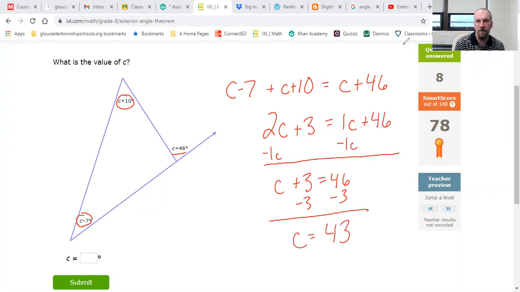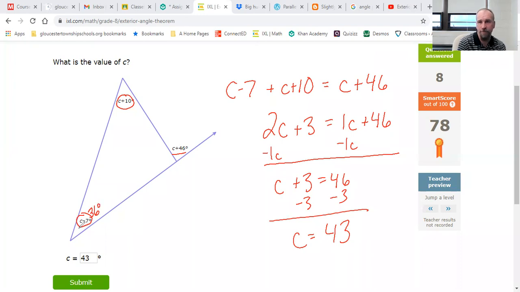Well, let's see. I'm going to type it in, but before I press enter again, I'm just going to double check to make sure it makes sense. So 43 is what c is. None of these angles are just c. So let's calculate each angle just to see what they are. If c is 43, then c minus 7 means that this angle would be 36 degrees.